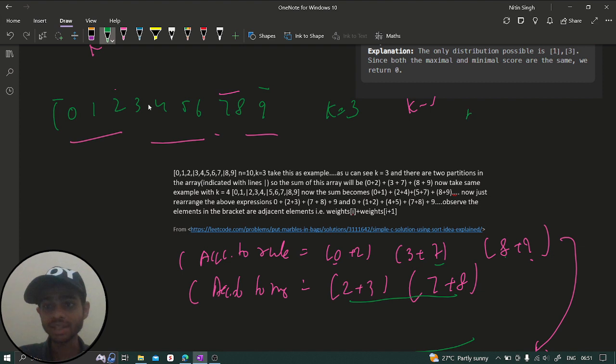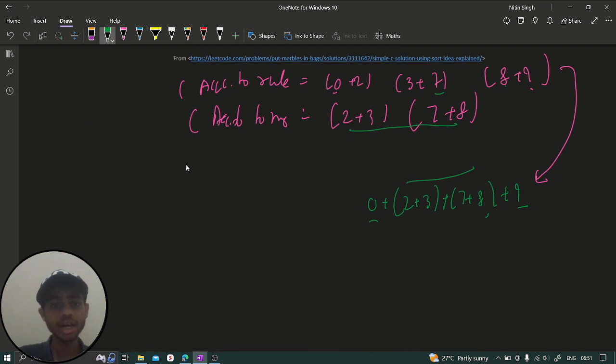It will always come in the maximum score, it will always come in the minimum score, and if we subtract, 0 plus 9 is here also, 0 plus 9 here as well, so this is going to cancel out, right? So we don't need to take that one. So whenever you're drawing a line, just take that particular index plus the next index, right? By this, according to me and according to the rule are the same thing. So we are not going to take i plus j, we can just do this particular thing.